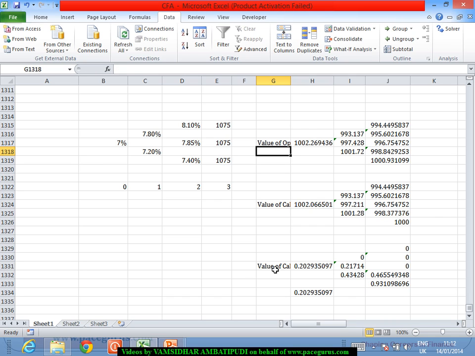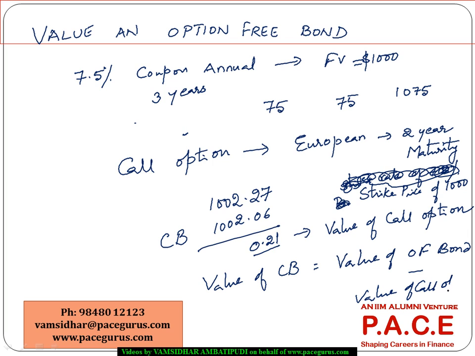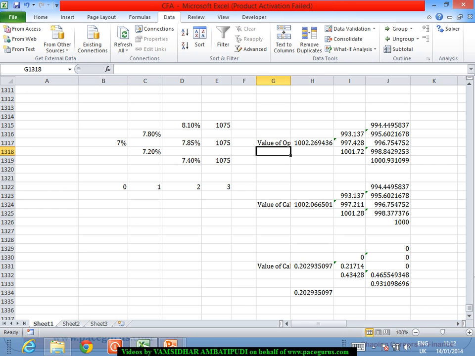From here we can derive the relation that the value of a callable bond is equal to the value of an option free bond minus the value of the call option. Or the other way: if I want to know the value of the call option, I take the value of the option free bond and subtract the value of the callable bond from it. This is how we work out the call option on the bond.